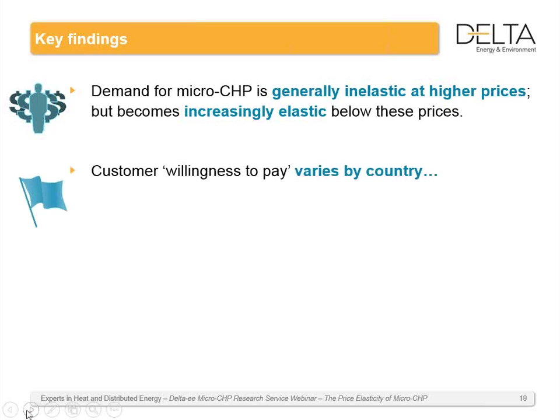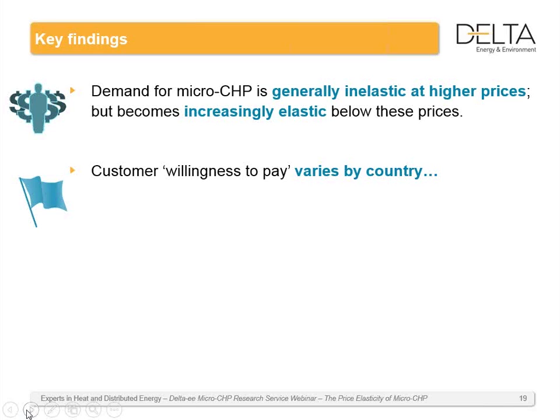Moving on, we surveyed 3 countries, Germany, the UK and the Netherlands, and it was very clear that customer willingness to pay does vary quite considerably by which country you look at, which country you're selling in, and of course by technology as well.